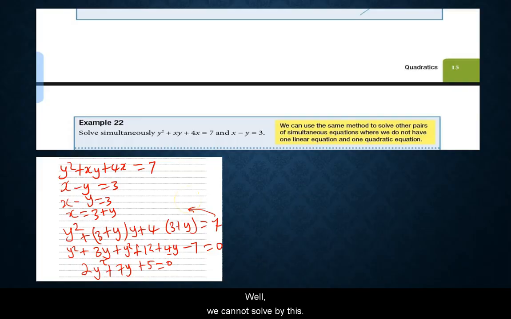Well, we can now solve by factorization. When we factor out, we can have 2y plus 5, and then y plus 1, correct? So this is equal to 0.